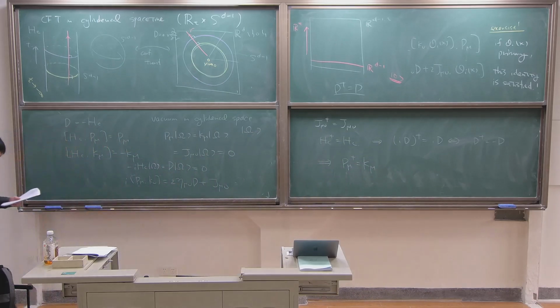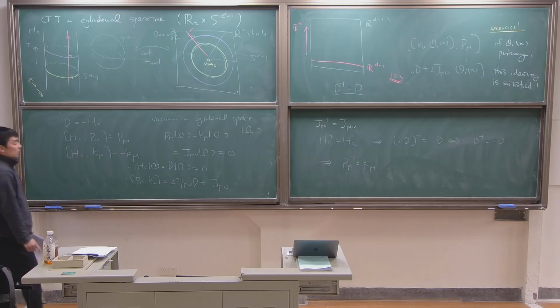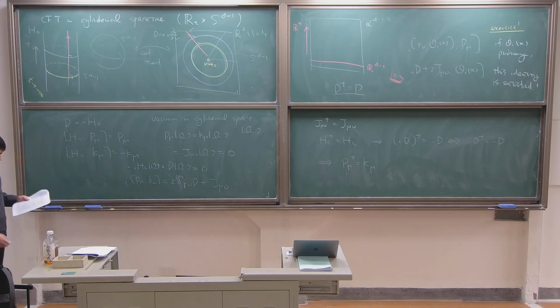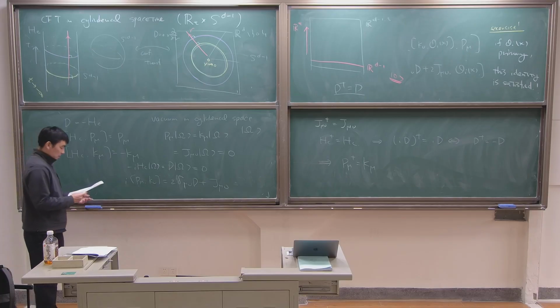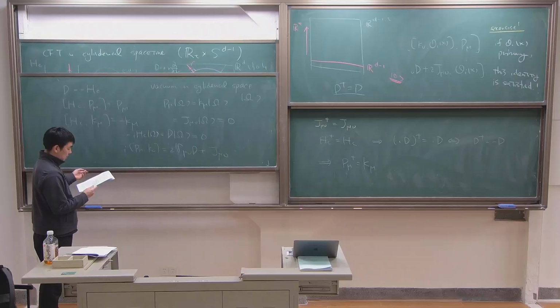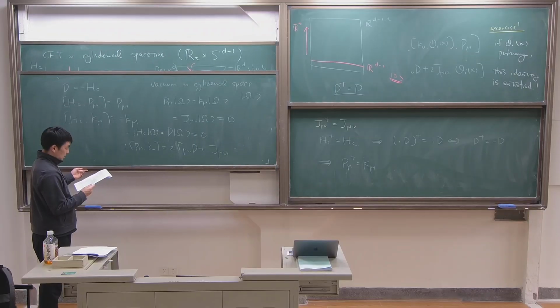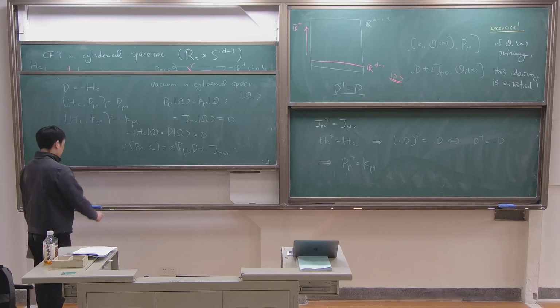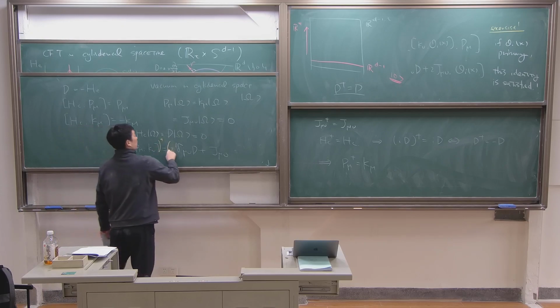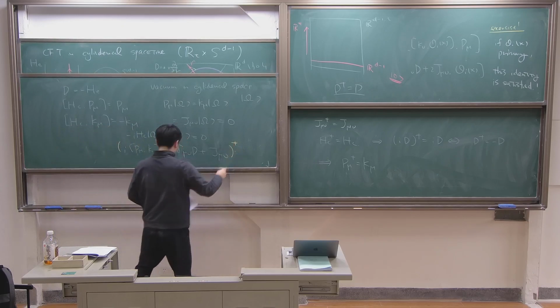Sorry, I times this one is equal to now delta mu of this one. Fine. Okay, so then take the dagger of this one, and the dagger of this one.